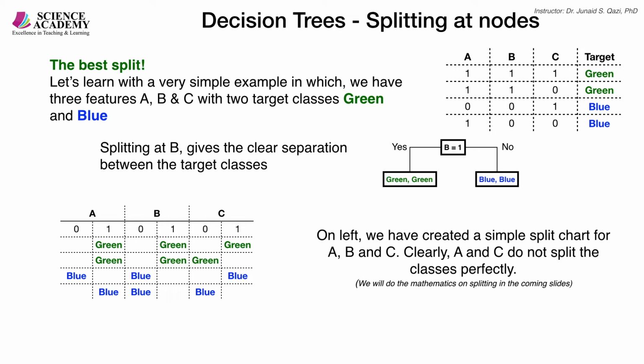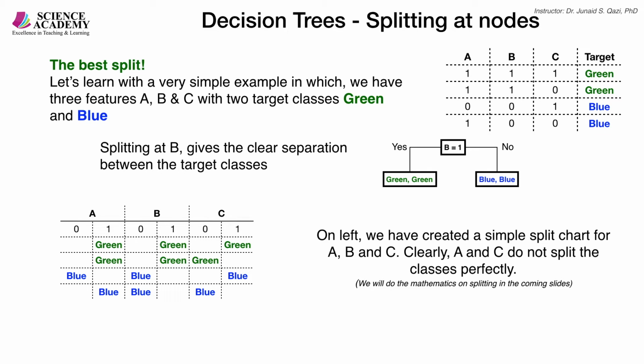In the table at left, we see that for A equal to 0, we get only one blue target value. For A equal to 1, we have 2 green and 1 blue target value. So we got 2 classes for the same target value. Let's consider C now. We have one green and one blue for both C equal to 0 and C equal to 1.